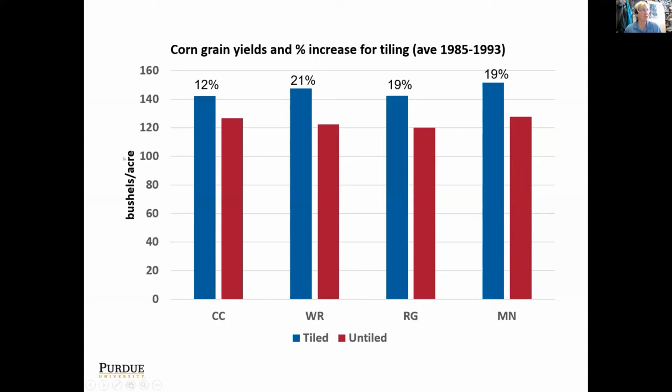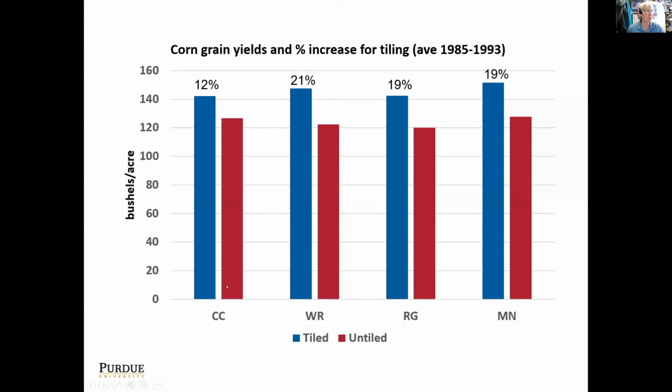The first one is the corn grain yields and the percent increase that we got in those grain yields as a result of tiling over this nine-year project period. So the blue bars are the tiled, the red bars are the untiled. And the percentages that I've got listed here is the percent increase for tiling compared to the untiled.